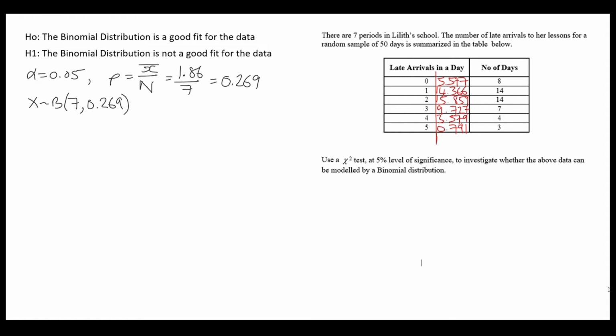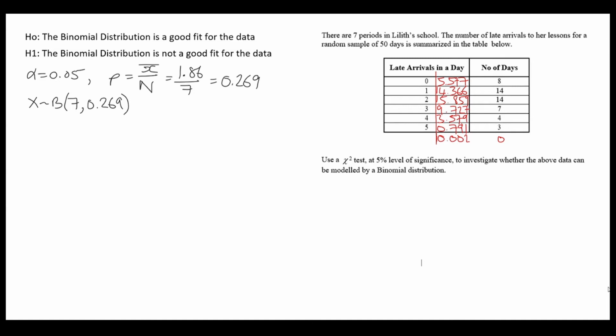So I'm just going to make an extra row here where the outcome is 6 or more lates in a day, and the probability associated with that is actually quite small, but it does exist. It's 0.002. And the number of times that happened in these 50 days is 0, but it does still need to be included.